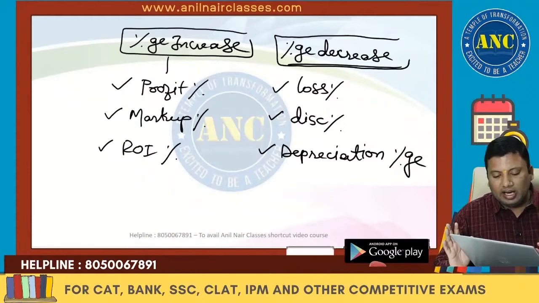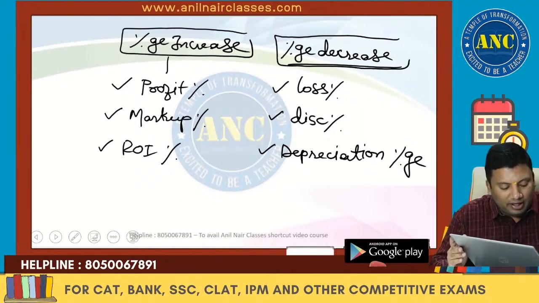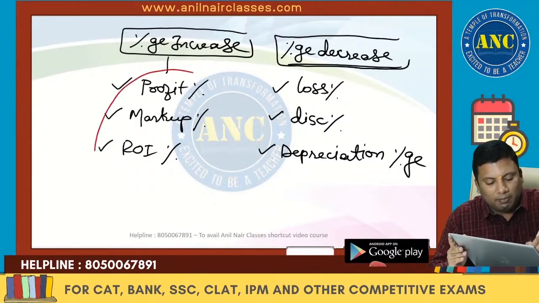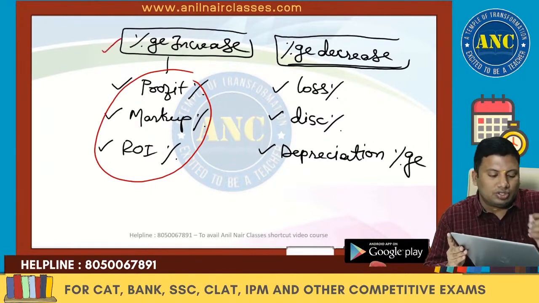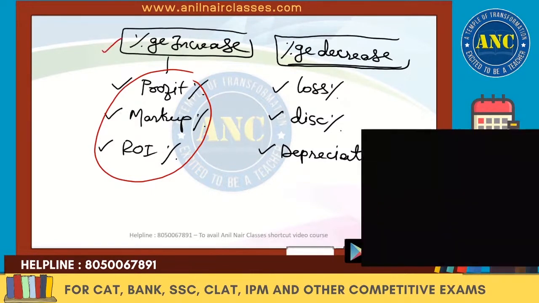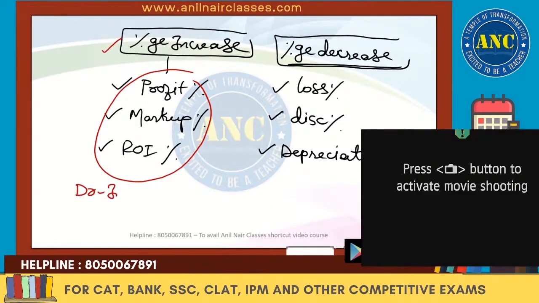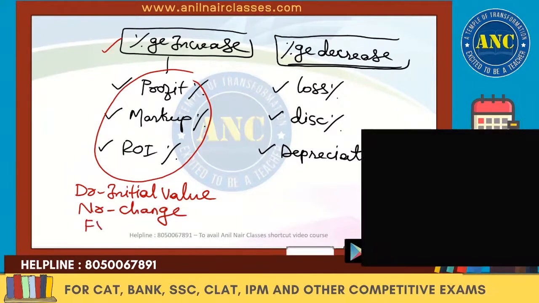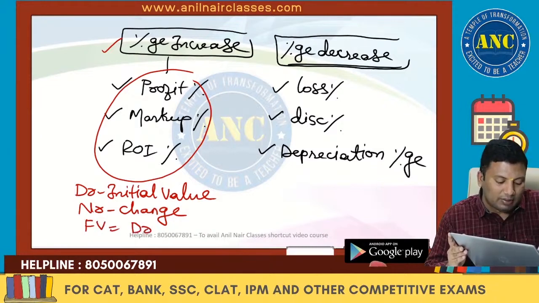Percentage increase and percentage decrease. Wherever you find profit, markup and rate of interest, use this concept. What is the concept? Denominator is nothing but the initial value. Numerator is nothing but the change. Final value is denominator plus numerator.